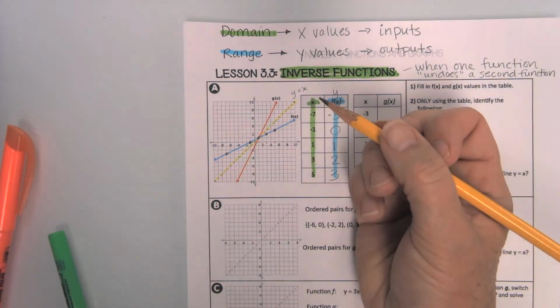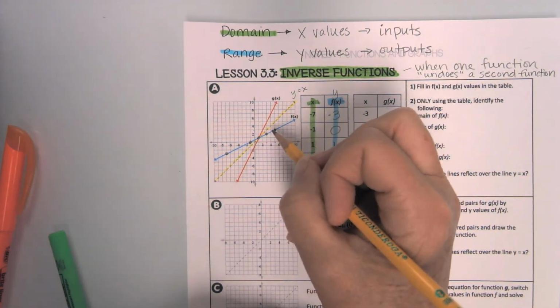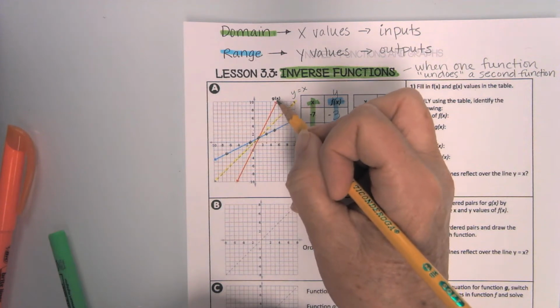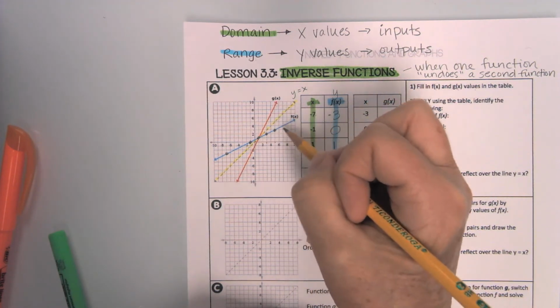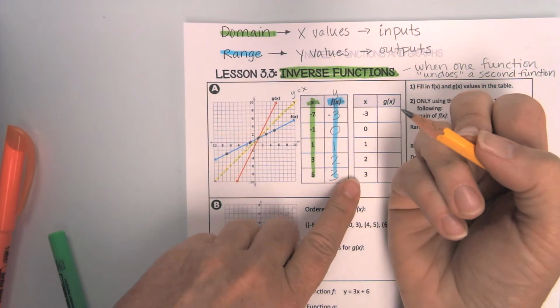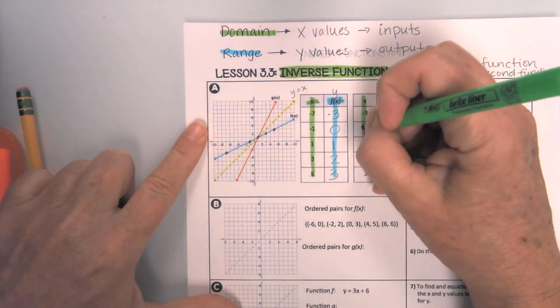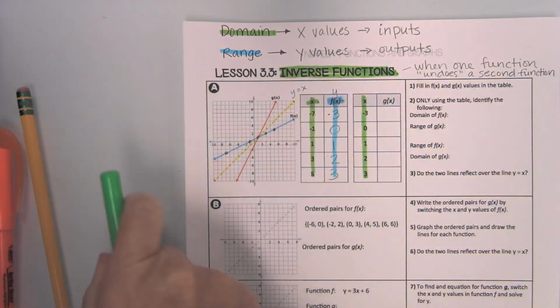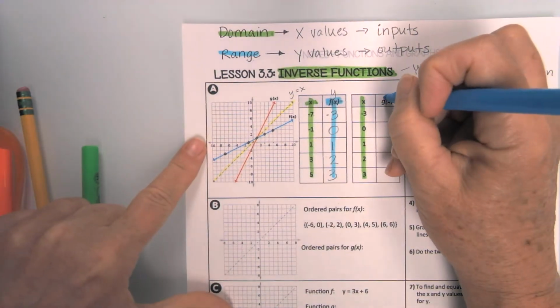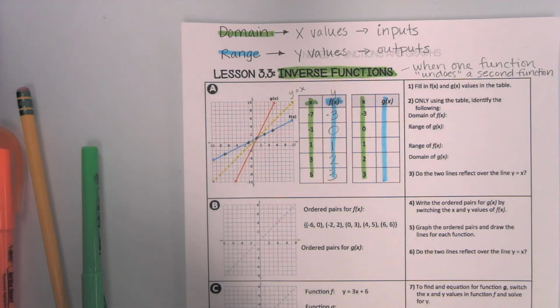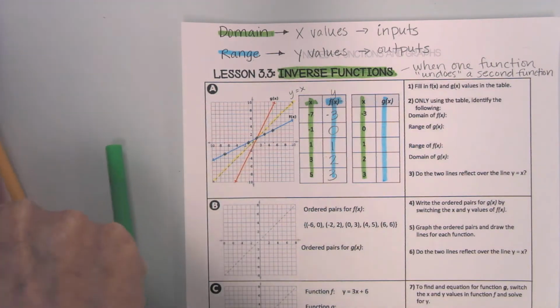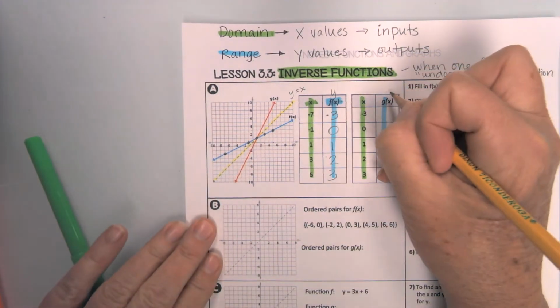Now in the inverse function, since g of x is the inverse function, we want to take a look at its points, and then we're going to compare them. So remember, this is my domain, and this is my range. These are my y values, because we've renamed y as g of x.